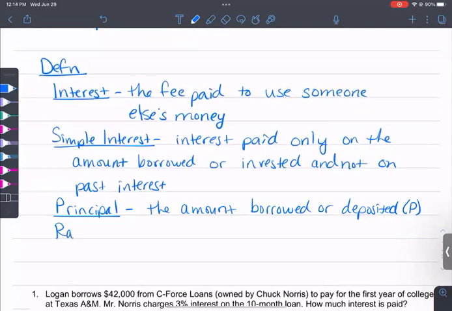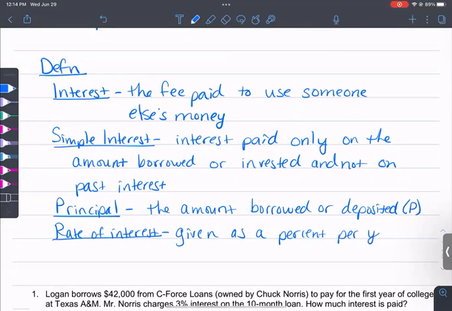And then we have the rate of interest or interest rate that is given as a percent per year, and expressed as a decimal. In formulas, that's typically a lowercase r.